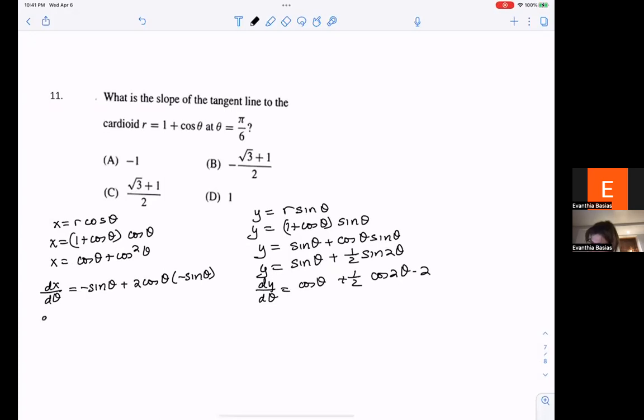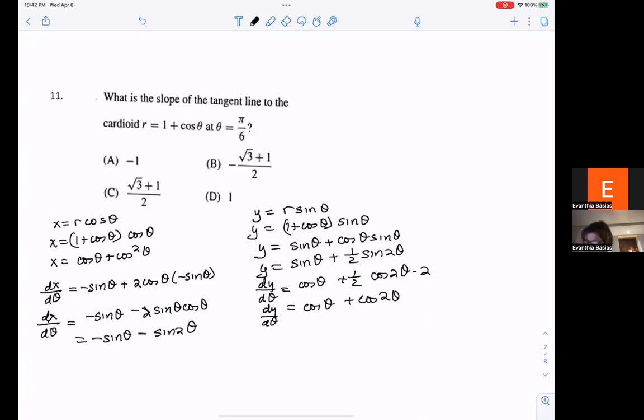All right, cleaning this up a little bit, we get negative sine theta minus 2 sine theta cos theta. And this one is cos theta plus cosine 2 theta. So this looks okay. We could rewrite this one as negative sine theta minus sine 2 theta. Okay, that's the best we could do.